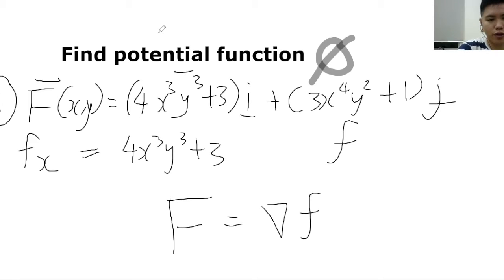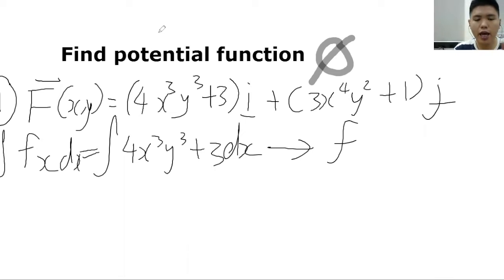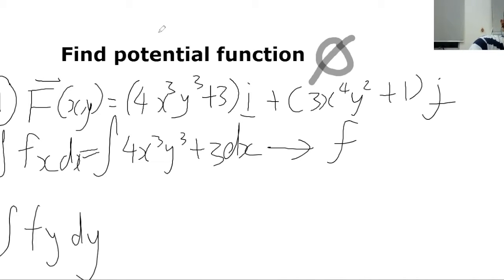So this is the partial derivative of x, and this is the partial derivative of y. In order to find f, we have to integrate this whole thing with respect to dx. And we do the same for fy dy.